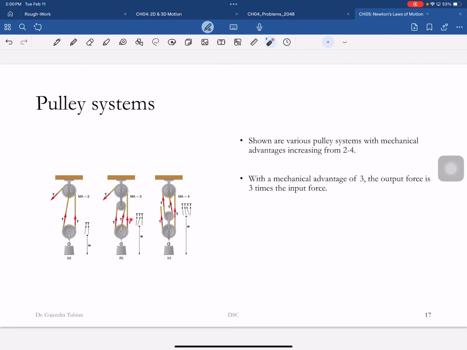Same thing here. On this pulley system, you see this tension is lifting up, this tension is lifting up. You can lift a 100-pound object with a force of 33 pounds. So this has a mechanical advantage of 3.